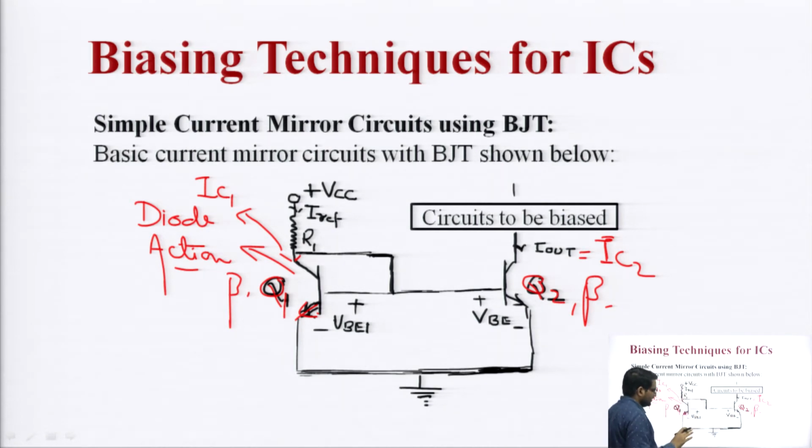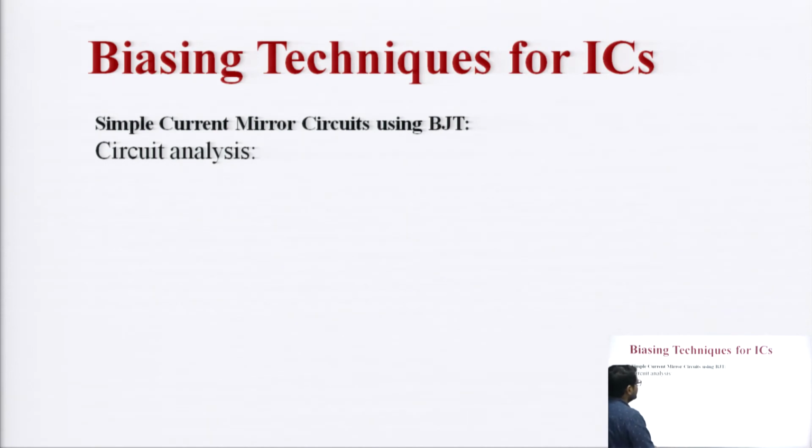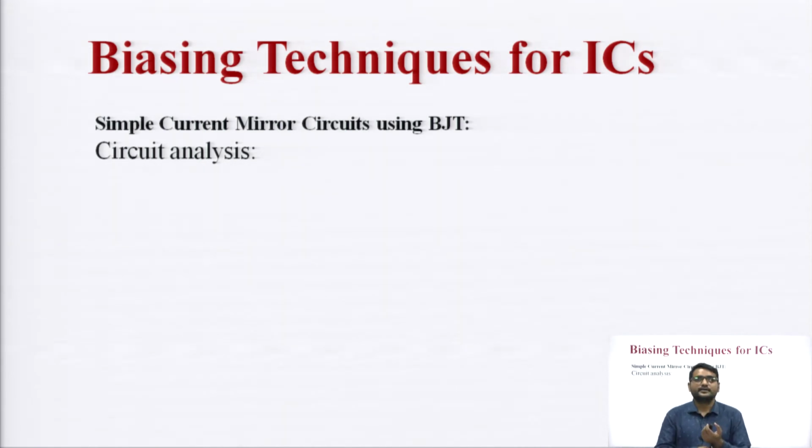That is our object: I out is a reflection of IC1, the collector current of transistor Q1. How do we start the circuit analysis? We derive it mathematically, and we prove that I out is equal to I reference.